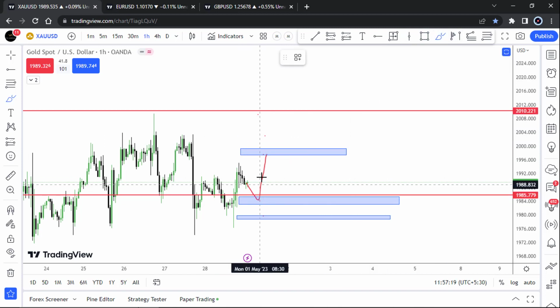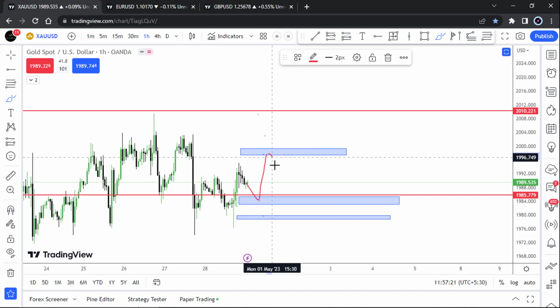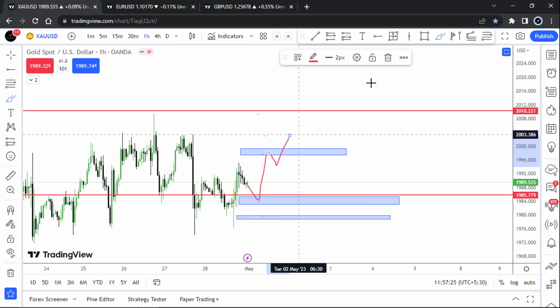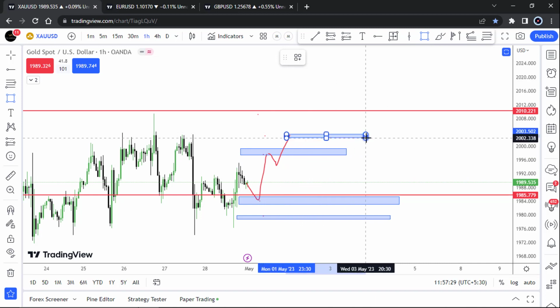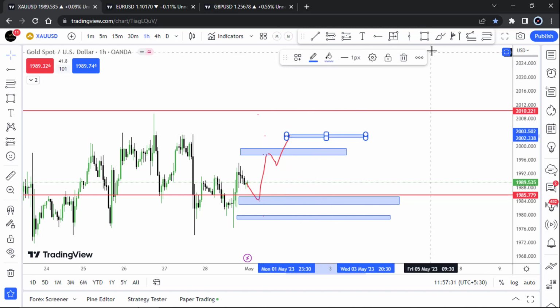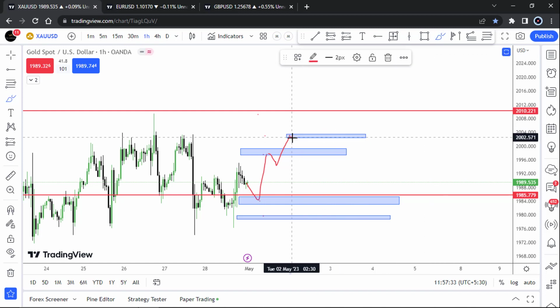Once the market reaches this area, it consolidates, or pulls back, and then goes down, up again, and then there's another up move, down move around here.